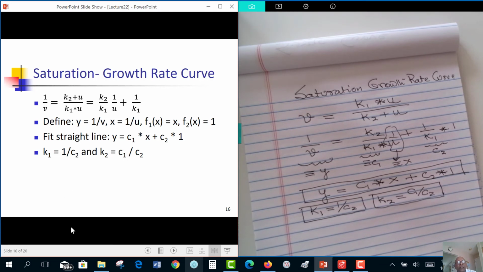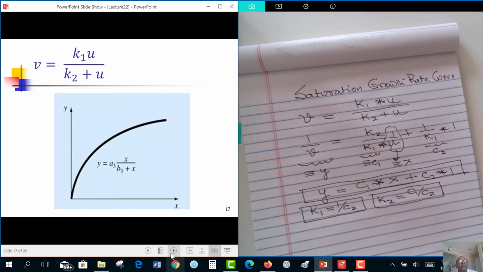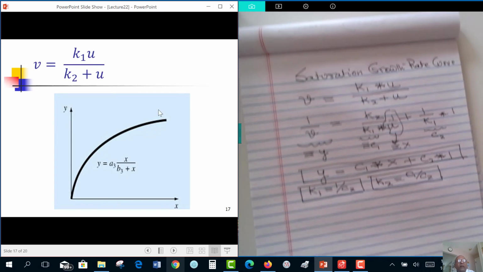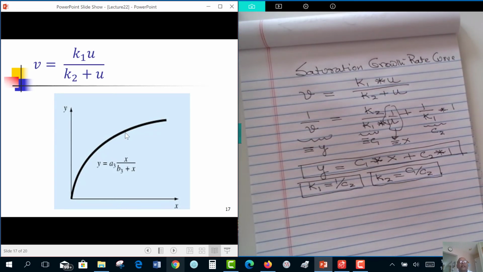All right, let's look at an example. So we have data points and the curve looks something like this. So again, we have U versus V data.